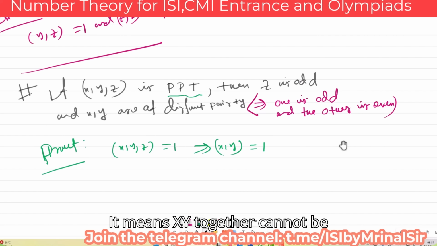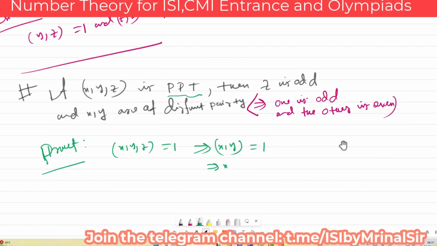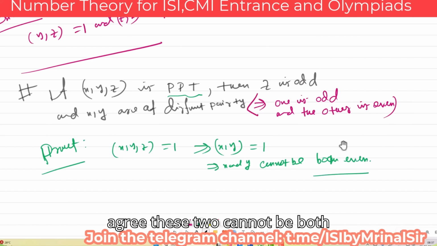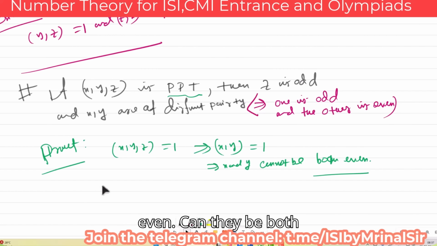It means x and y together cannot be even. This implies that x and y cannot be both even. You agree? These two cannot be both even.